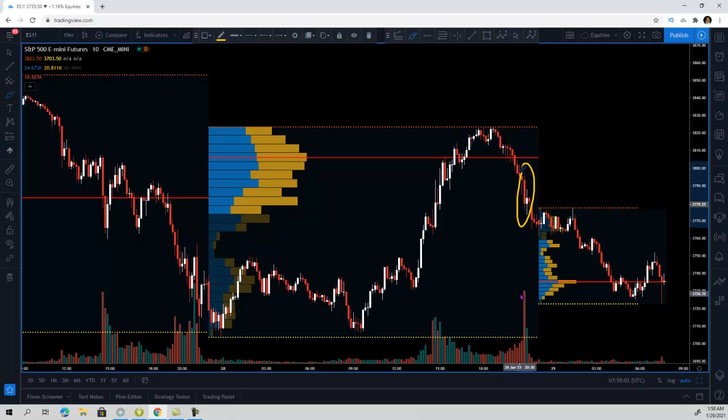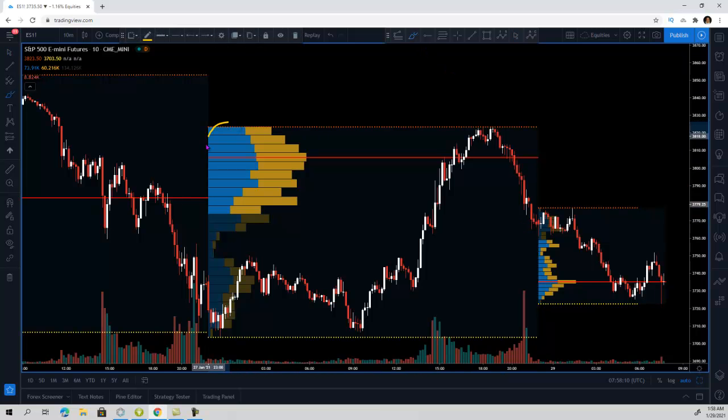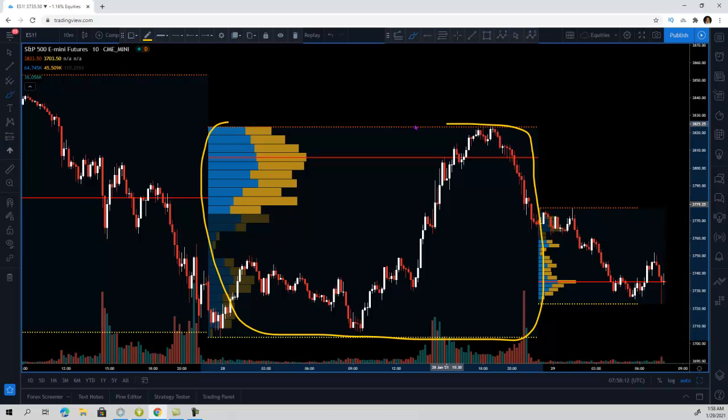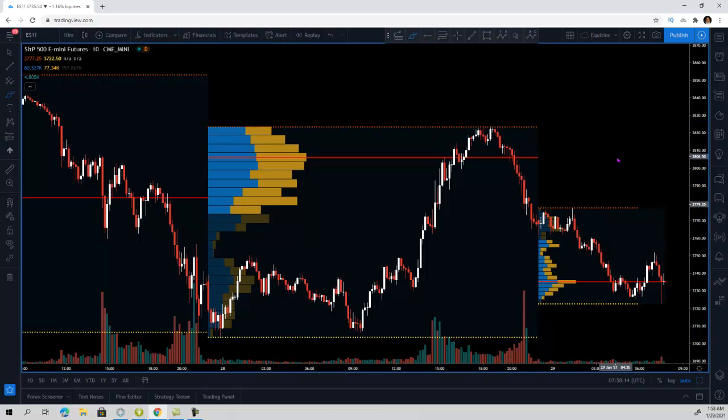So this big bar right here is the volume traded in this candle right here. The difference between that and the volume profile, which is this entire indicator here, is that the volume profile gives you the volume traded at a level, at a price level.